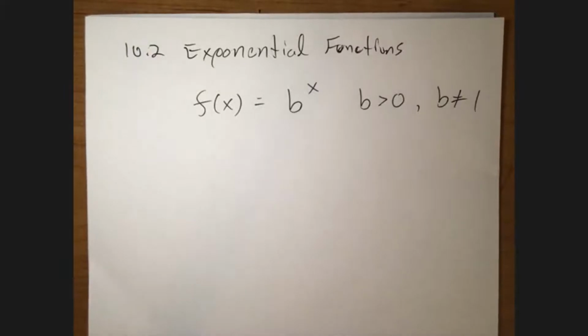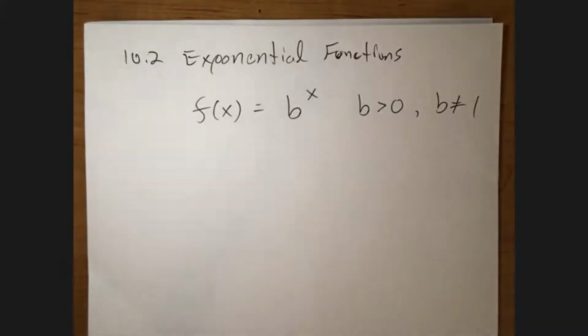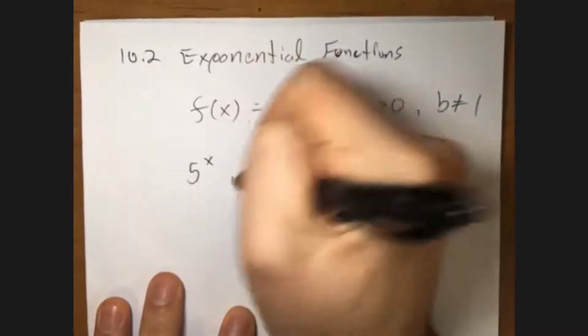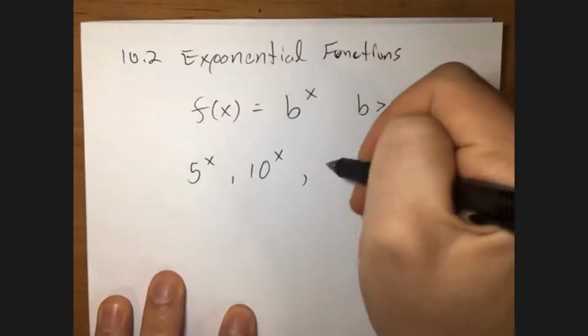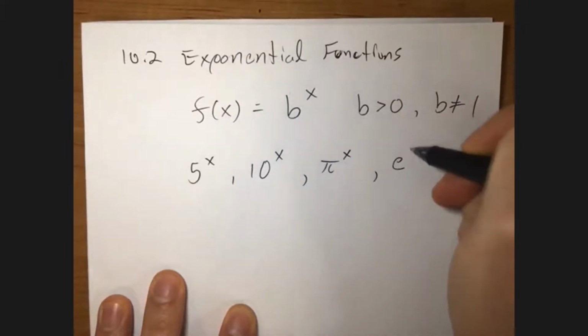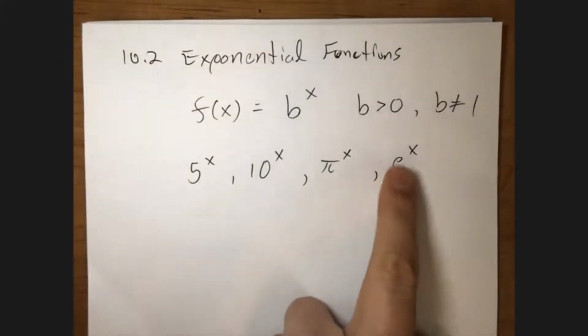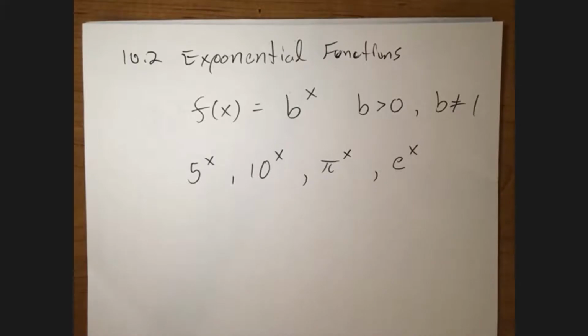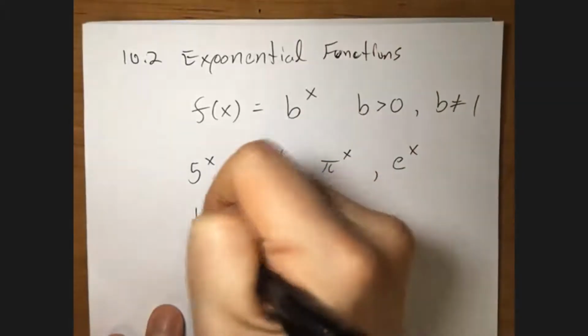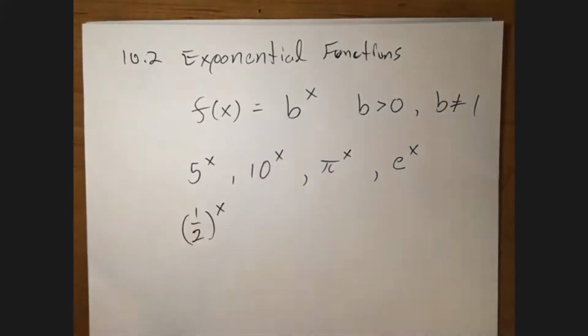Okay, that's an exponential function. So things like 5 to the x, or 10 to the x, or pi to the x, or e to the x, that's the natural exponential function, we call it. You could have fractions, 1/2 to the x. Can't have a negative number or a number equal to 1, though. Okay, those are exponential functions.